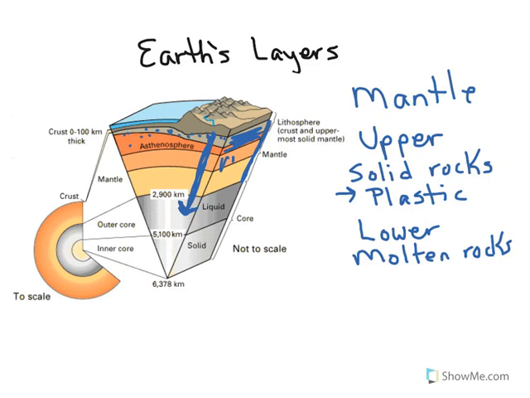So all of this region down in the mantle, the lower part of the mantle, is molten rocks, which we call magma when it's below the ground, or if it comes out of the earth, we call that lava. So this is our source for lava, all that molten material that comes out of volcanoes.